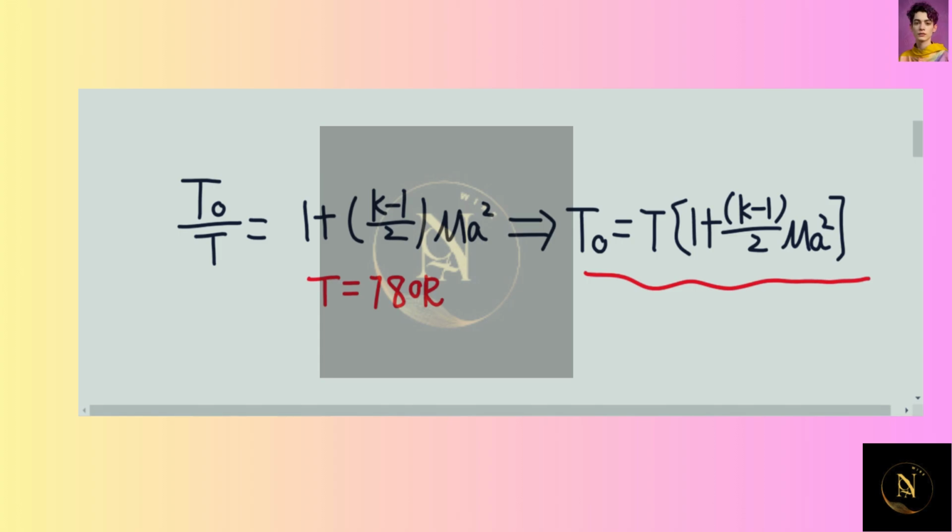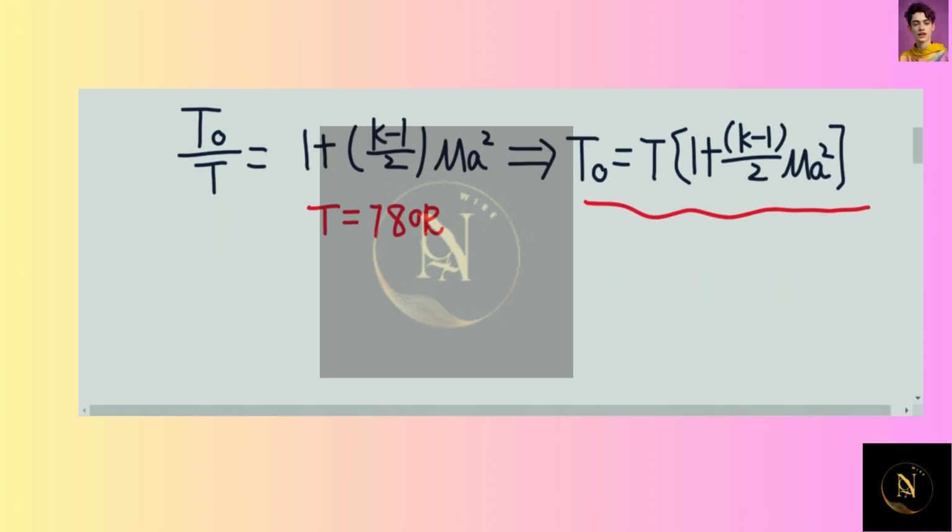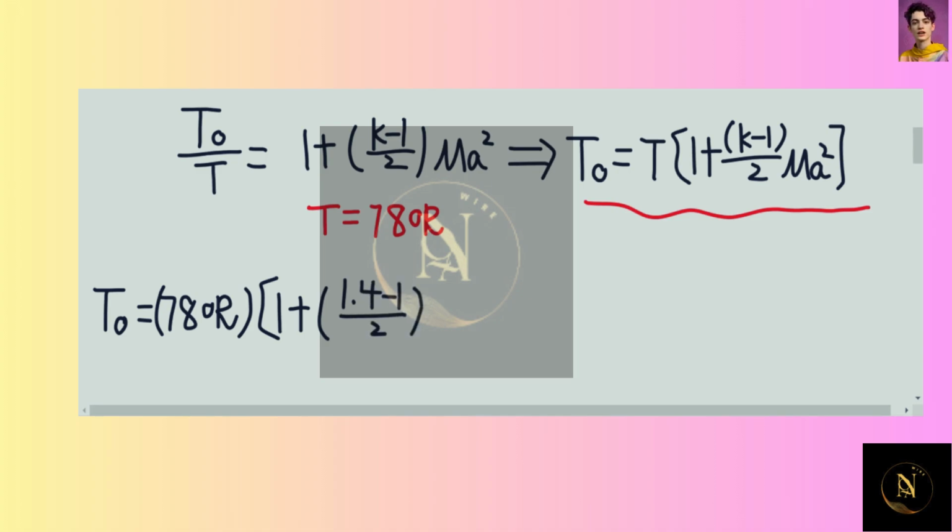So now we can plug back into the equation to determine the stagnation temperature, which is equal to 780 Rankine times (1 plus (1.4 minus 1) divided by 2, and then times 0.7 to the power 2).